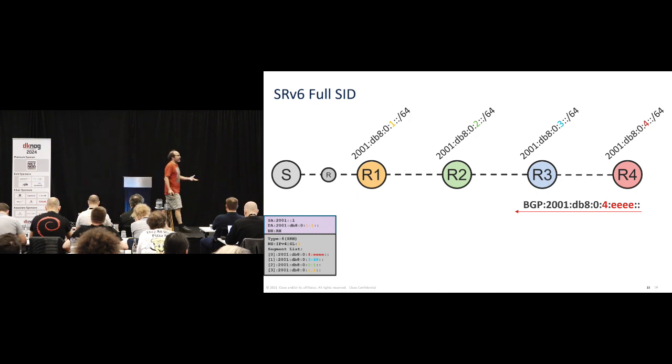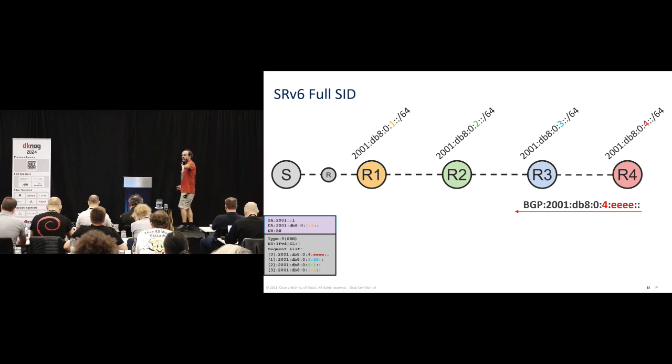He will take the current active segment and copy it into the destination address. So the current segment ID is copied into the destination address of the outer IPv6 header. So the intent is programmed into the packet, and the packet is built, and it's sent out based on the routing table.